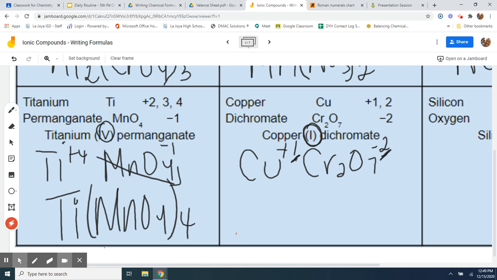No. Okay. If they don't cancel out, Yoselin, tienes que mover el 2 para abajo. So what do I write? Cu, not negative, just the number.